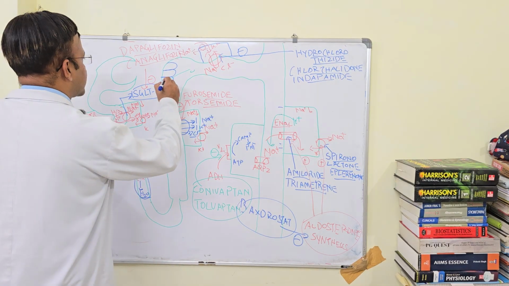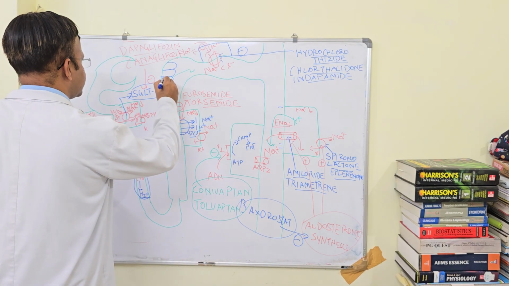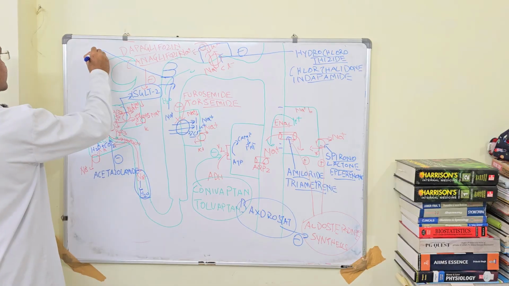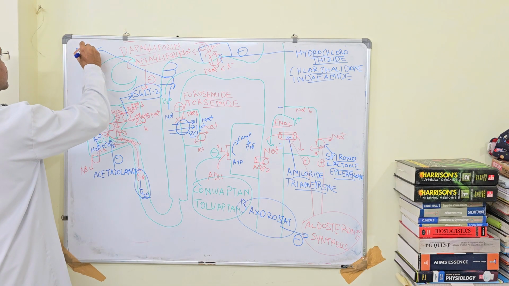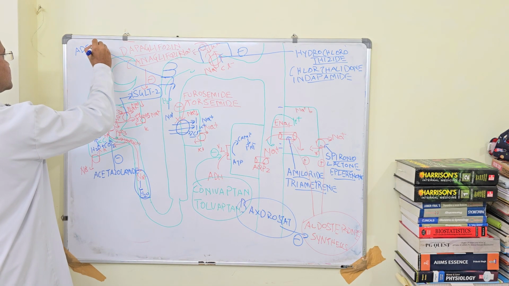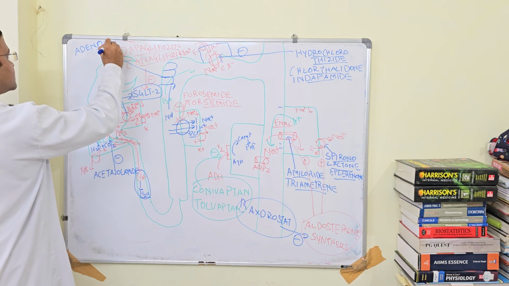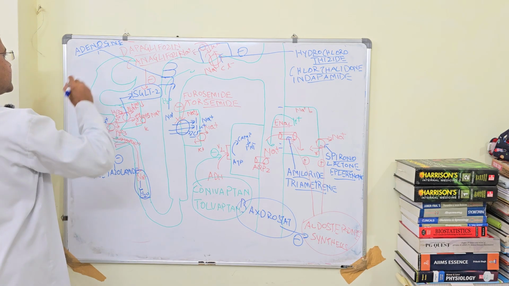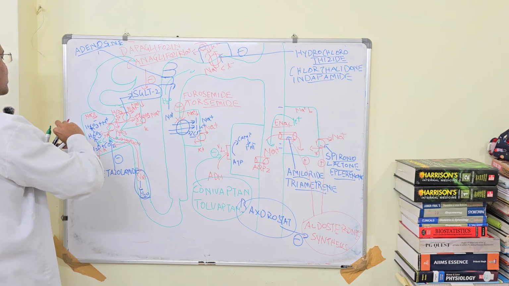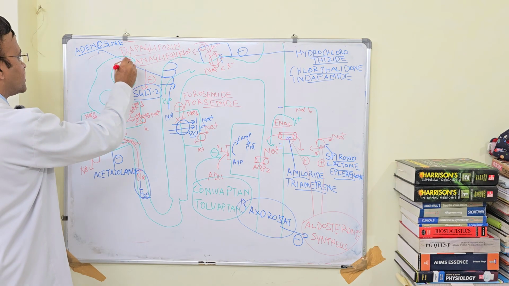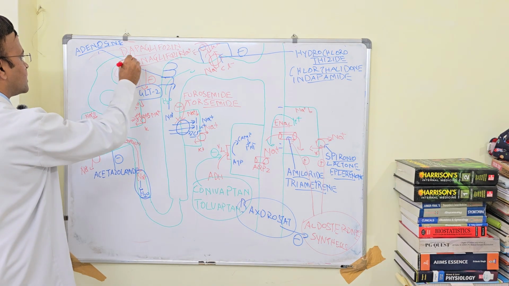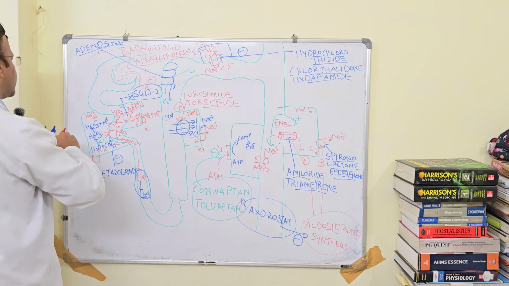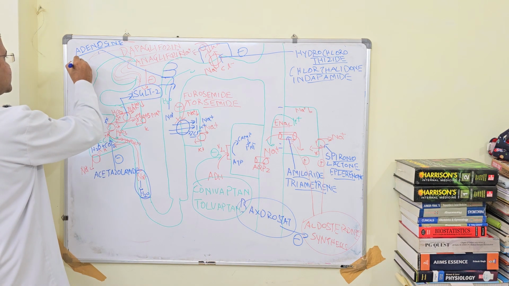So what does adenosine do? Let's write adenosine. Adenosine causes vasoconstriction. You have your glomerular capillaries, and it will cause vasoconstriction of these capillaries.